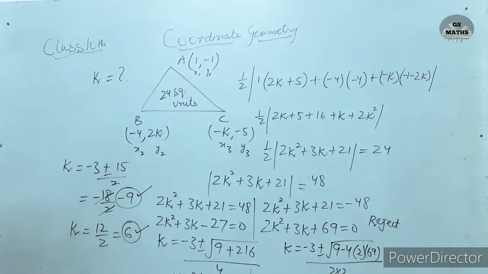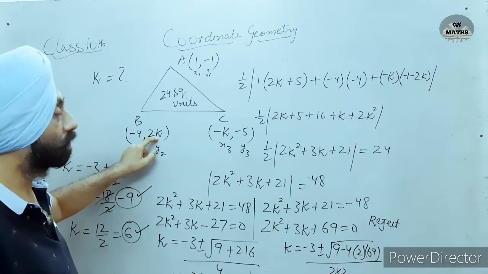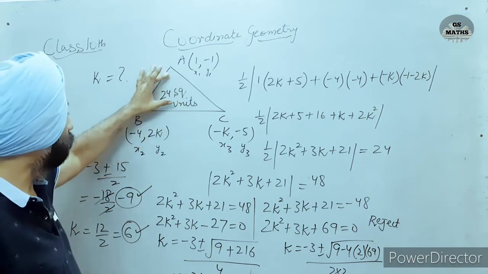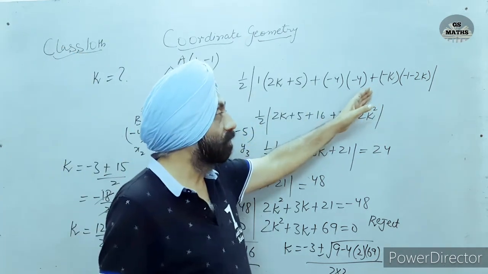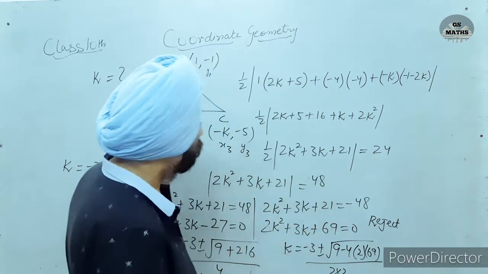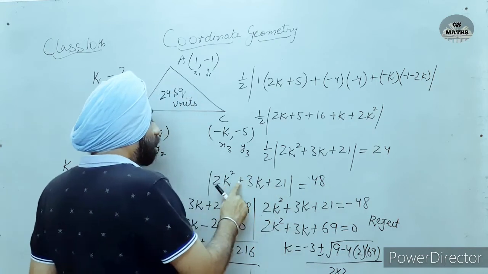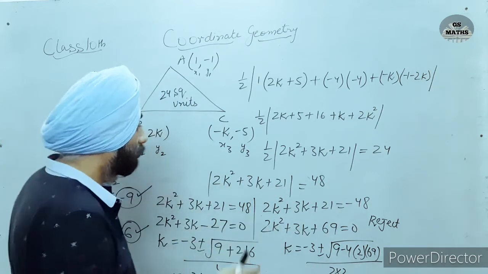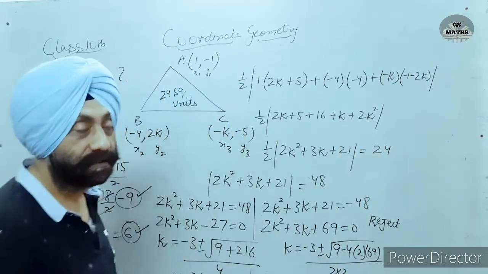This is the way we find a given unknown parameter, that is k, when the area of the triangle is given to us. We use the same formula for the area of a triangle, but this value was given equal to 24. Now I took a positive and a negative sign. Why? Because k can be positive, k can be negative. Area is positive. I have taken area as positive. Area will always be positive, it won't be negative.